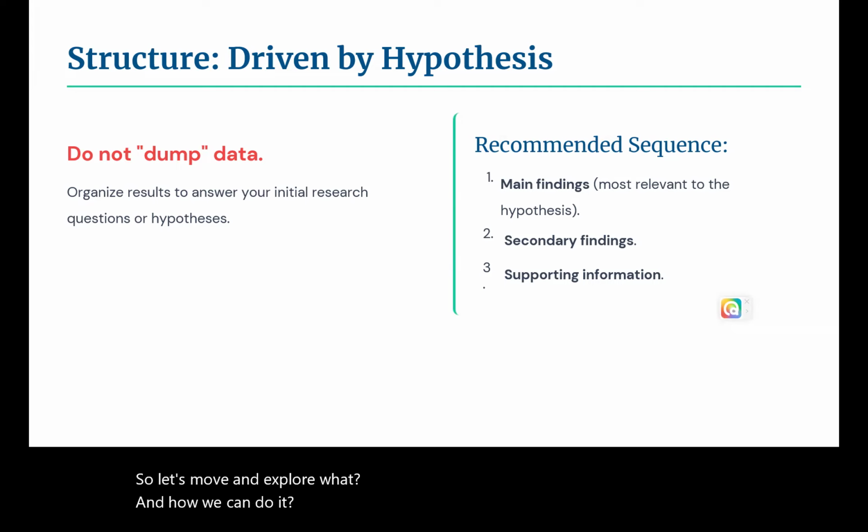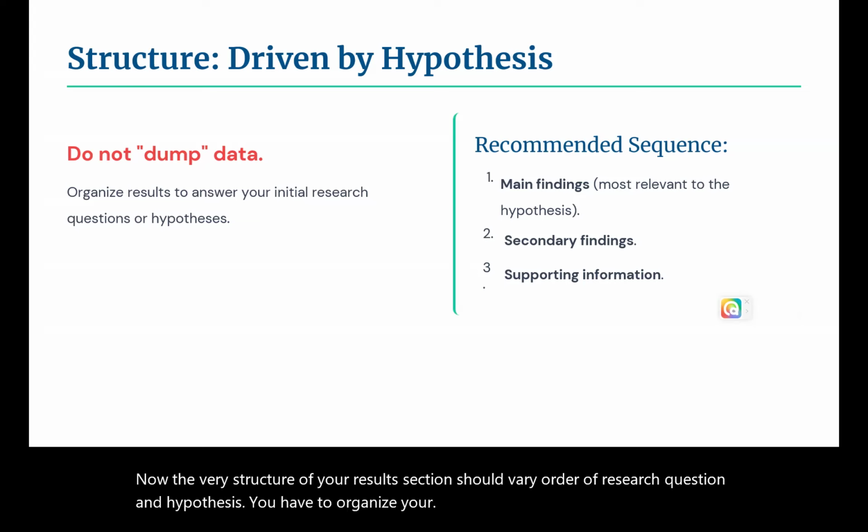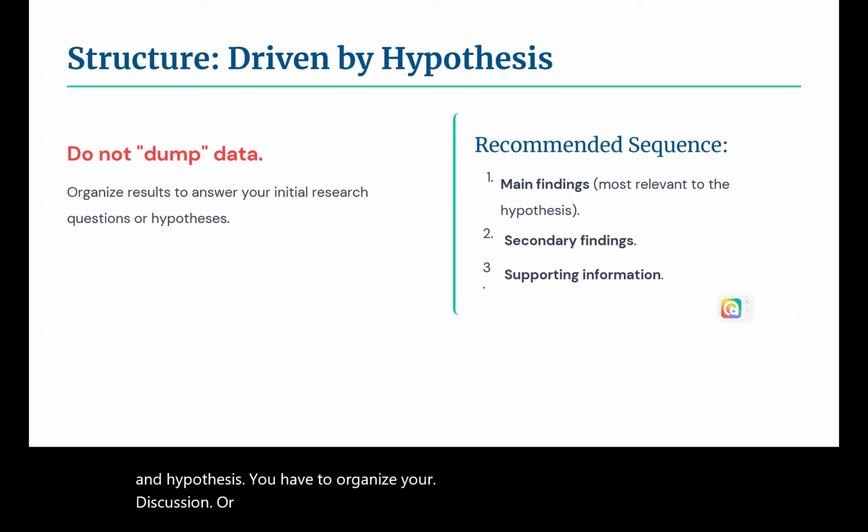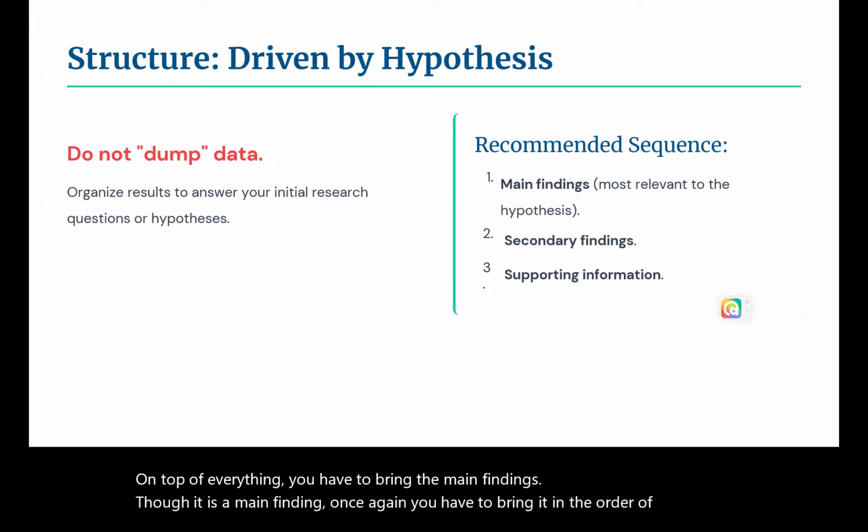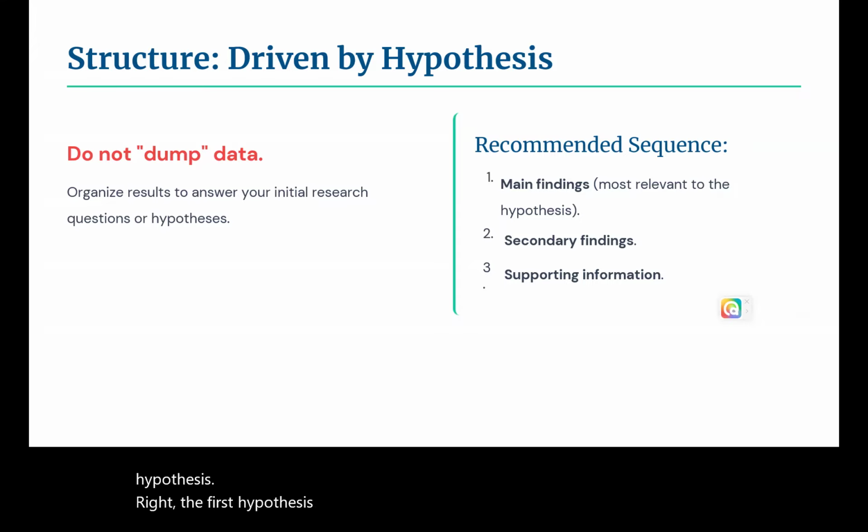The recommended sequence, as indicated here, is, on top of everything, you have to bring the main findings. And then, though it is a main finding, once again, you have to bring it in the order of the hypotheses, right? The first hypothesis taken first, and the main finding of the first hypothesis first, and then the secondary and supporting, and so on. So it's from the cream to the diluted, minute, trivial aspects.